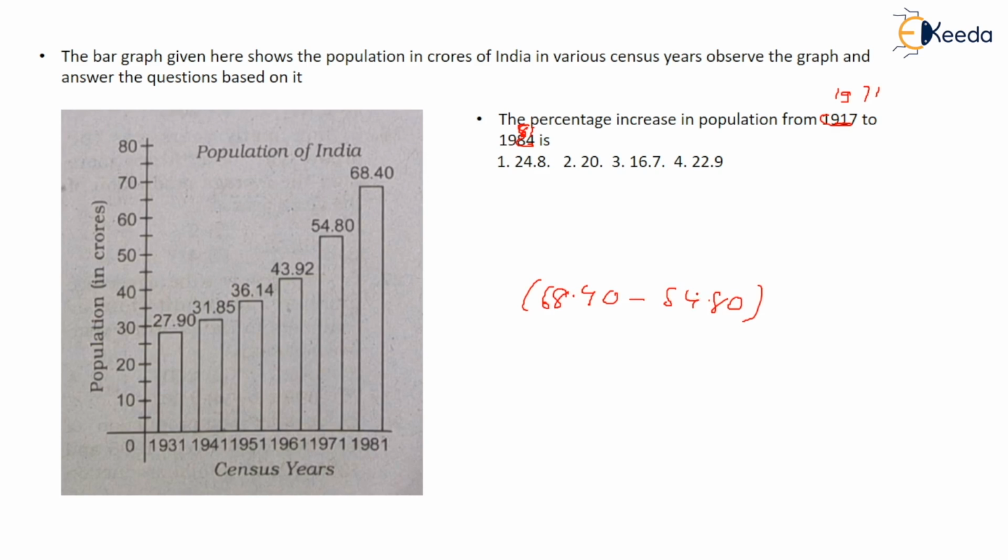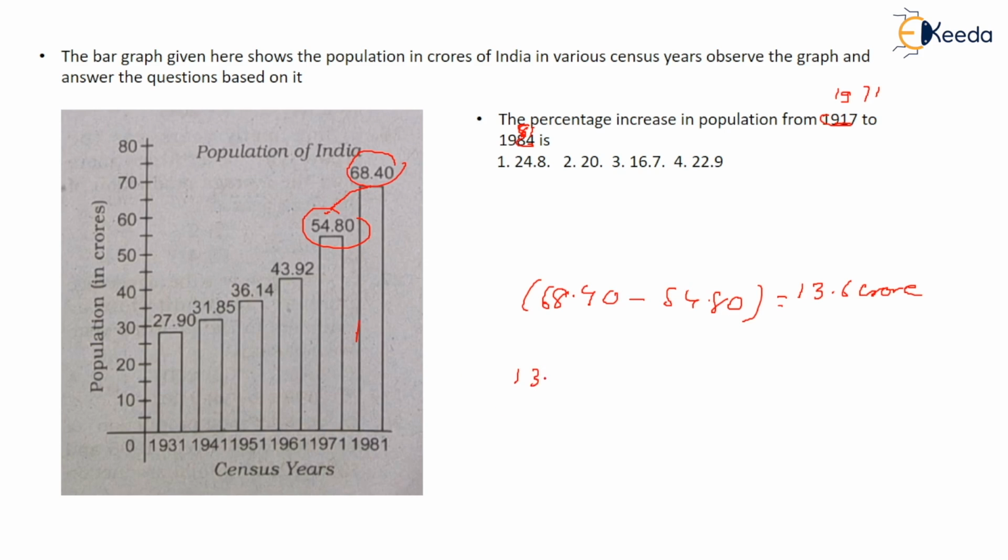So this value comes out to be 13.6, right? 13.6 crore is the increase in population, and on what number did it increase? From 1971 it is increasing, right? Means the basic level was this and this increased to this. So on the basic level you always calculate.